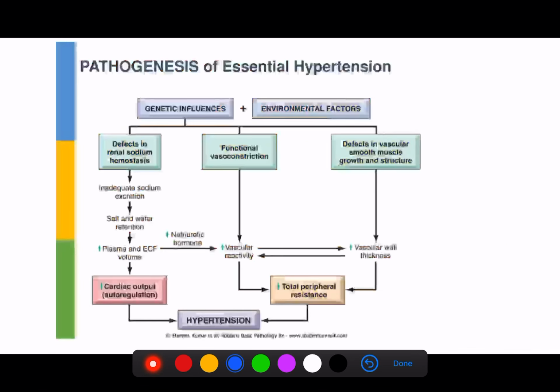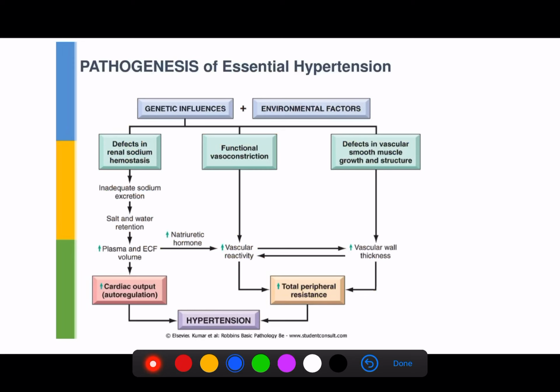The pathogenesis of essential hypertension, as we know, the essential is idiopathic. Maybe there is a genetic influence, familial influence, maybe environmental factor, stress, personality, diet, activity, sex. All of these factors may cause hypertension.